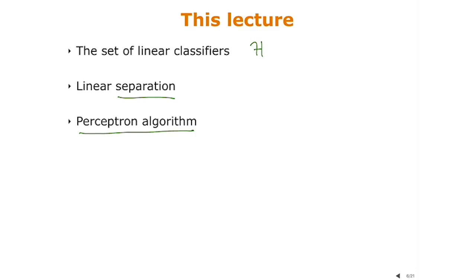So the perceptron algorithm finds a classifier h hat, where hat denotes an estimate from the data. It takes as an input the training set and the set of classifiers, and then returns that estimated classifier. Then we can apply that estimated classifier on any new example to get the predicted label for that point.